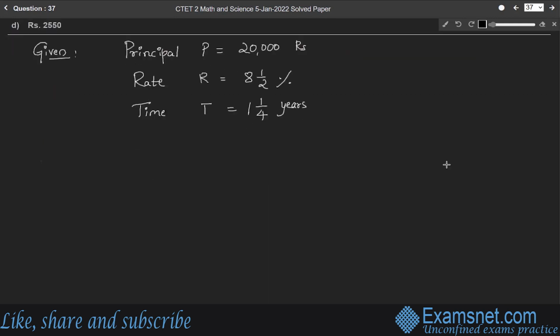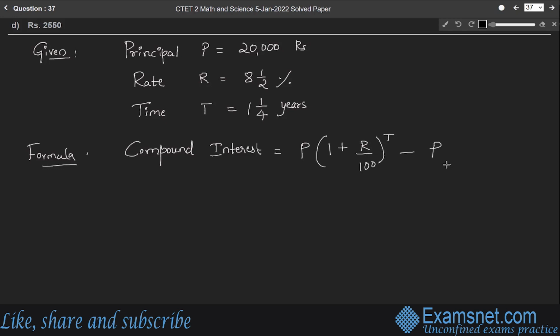Here, the concept used, or directly we can say the formula to be used: compound interest is equal to principal P into 1 plus R by 100 to the power of time minus P. Again, P is principal, R is rate of interest, T is time.